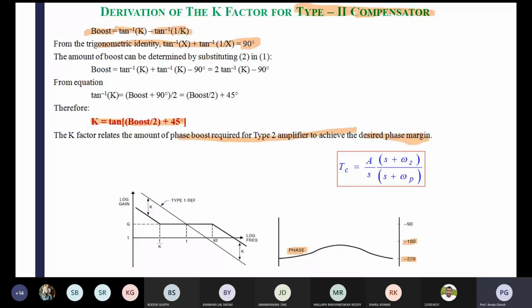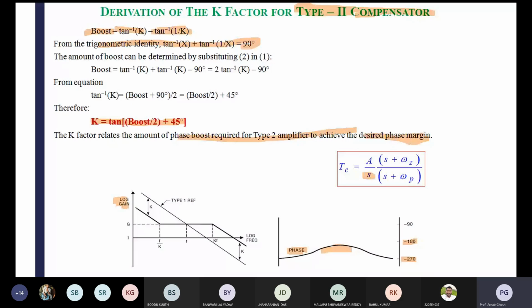If you see the gain plot, the logarithmic gain is there. One pole at origin contributes minus 20 dB per decade.